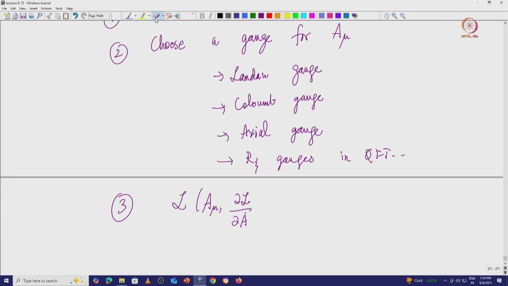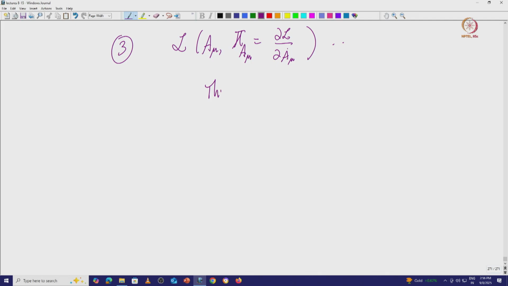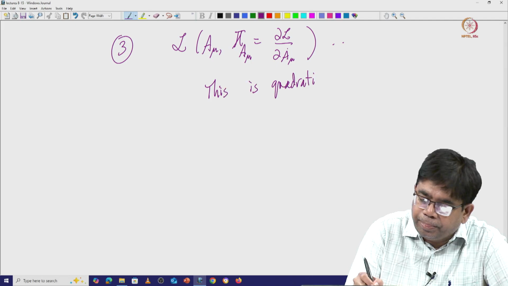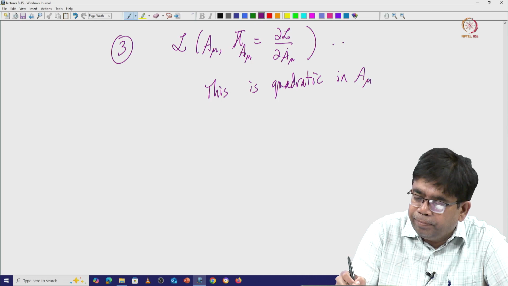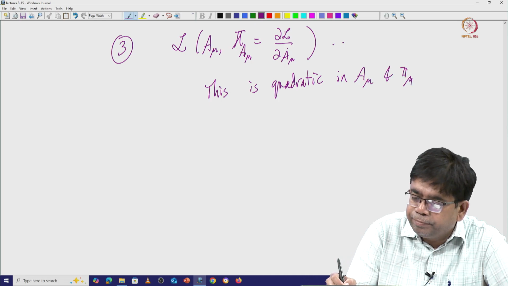Okay. So, you choose the pi A mu, which is nothing but del L by del A mu dot. So, write the Lagrangian in this. This is quadratic in A mu and pi A mu.